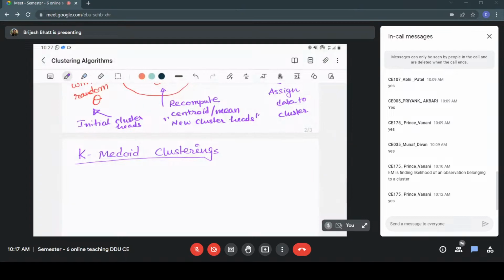So as the name suggests, instead of finding the mean, we calculate the medoid here. And you know that the medoid has a benefit that it is a data point, not a random mean value. In case of k-means, your mean may not be a data point after a few iterations. That's why the mean can be shifted by the outlier data.